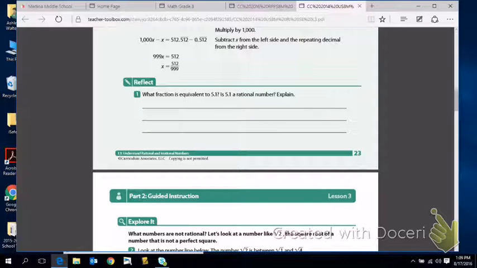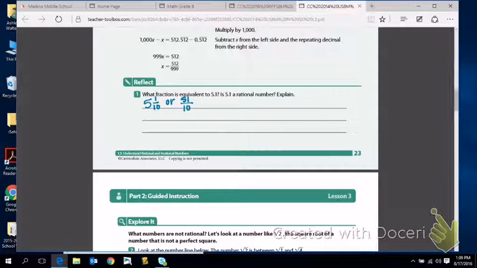After going through and identifying the different types of rational numbers, we did a reflection. We said what fraction is equivalent to 5.1? We want to know, is 5.1 a rational number, and explain. We know that 5.1 is read as 5 and 1/10. So that allows us to write that number as 5 and 1/10. That's the same thing as 51/10.